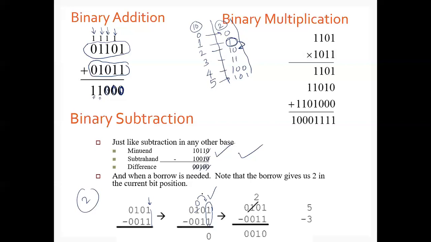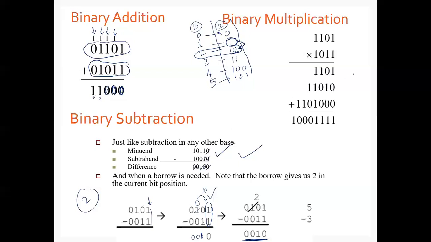When you carry this 1 here, it becomes 10. 10 is basically 2. So 10 minus 1 is 1. Now 0 and 0 is 0, 0 and 0 is 0. So that's what we have here. So what is 10? 10 is 2.